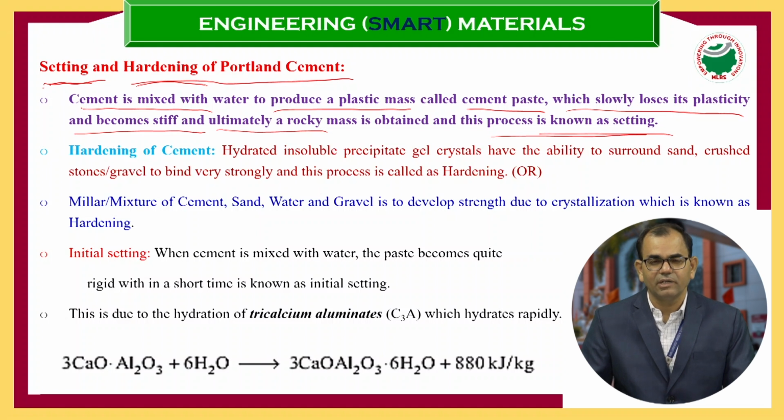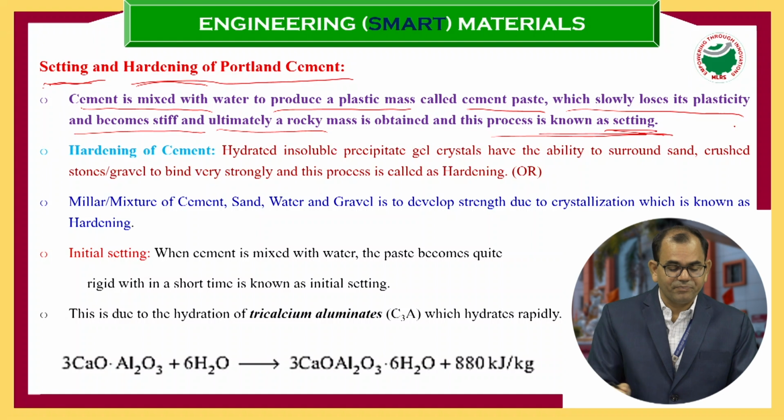As I said, initially cement is mixed with sand, gravel and water. A plastic mass, slurry type, is formed, and that will be allowed to set, or become hard. That hardening time is what we call setting time.